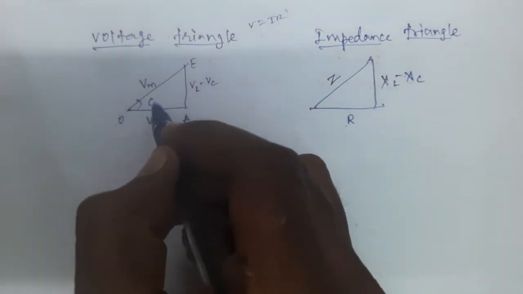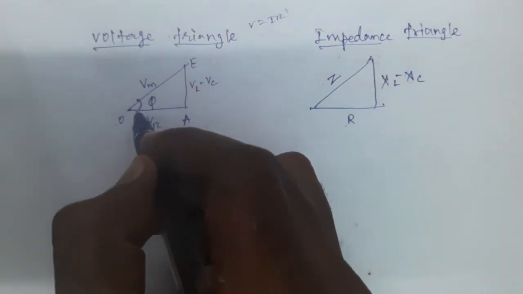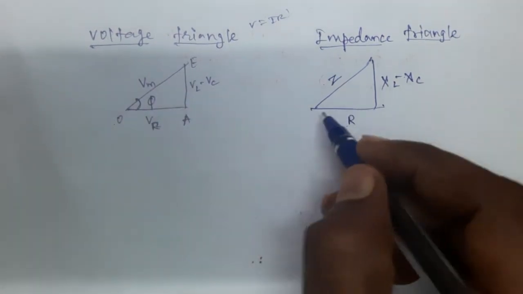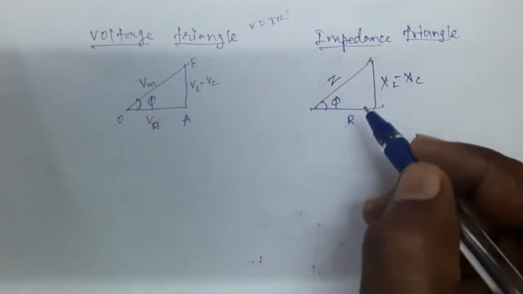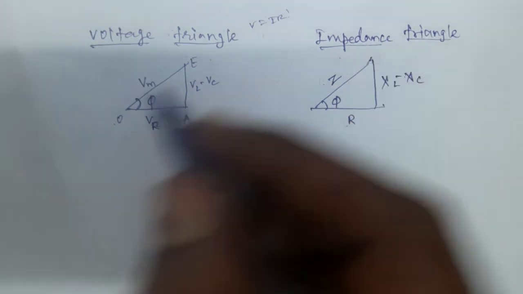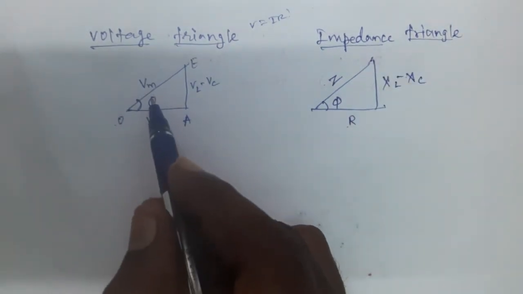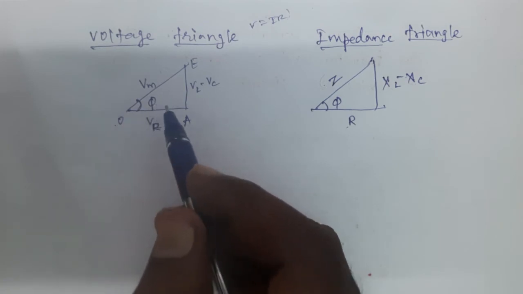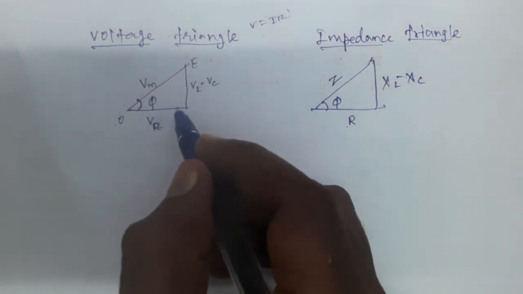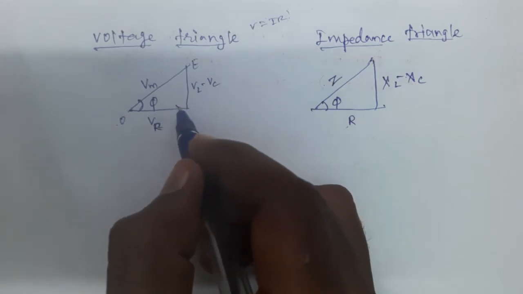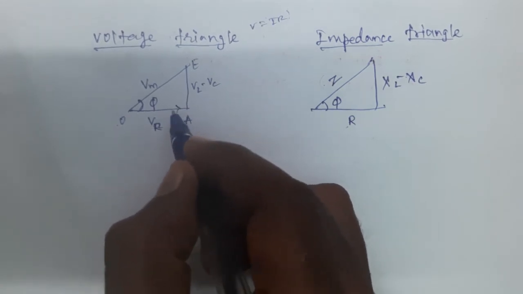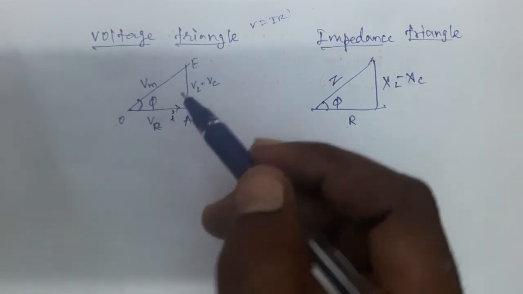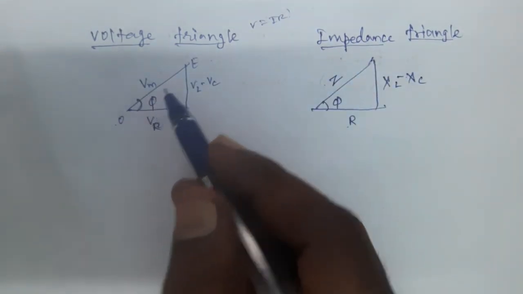This is phi, where phi is the phase angle between VR and VM. Here also phi is the phase angle between R and Z. This phase angle represents the phase relation between current and voltage. Along this VR there was I. So this phi represents the phase relationship between current and voltage.